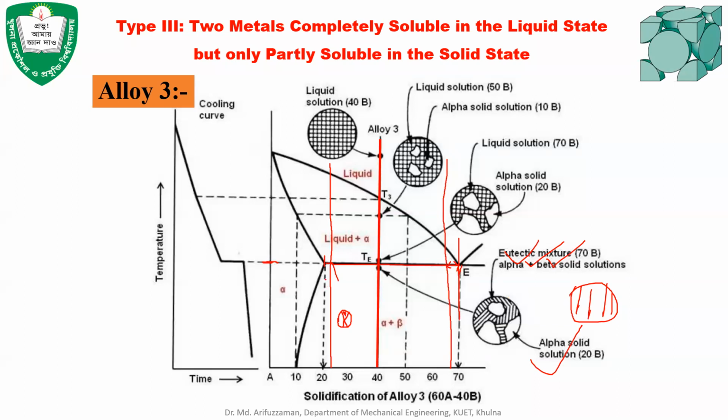That means if we increase the percentage of B in the alloy, more and more eutectic mixture is produced.